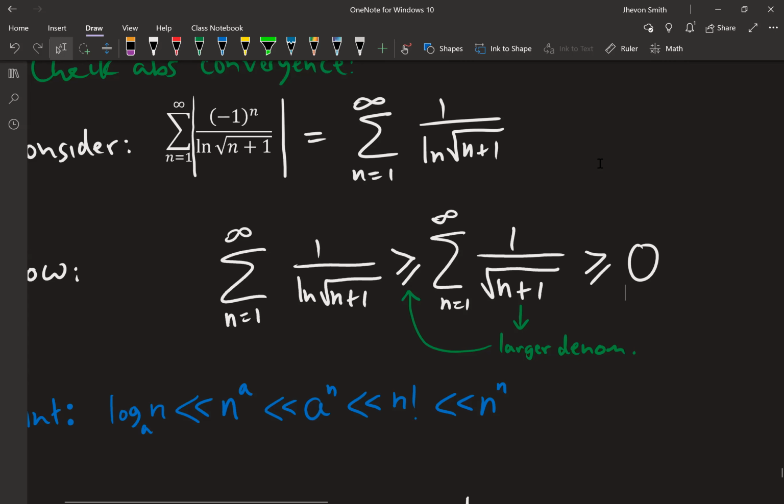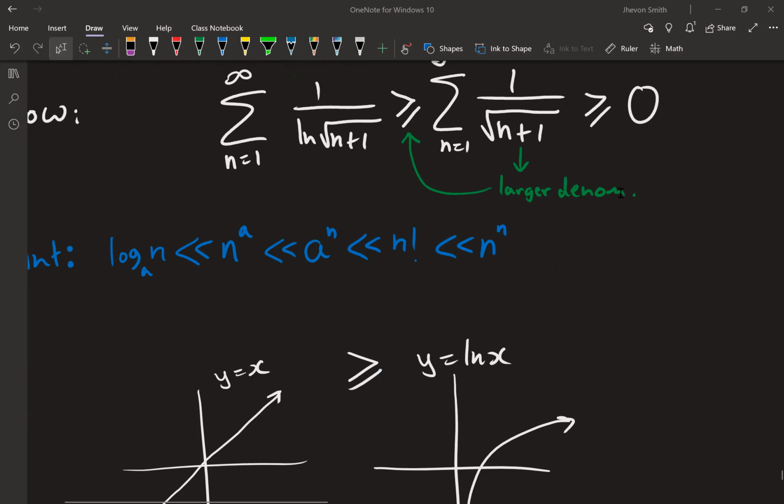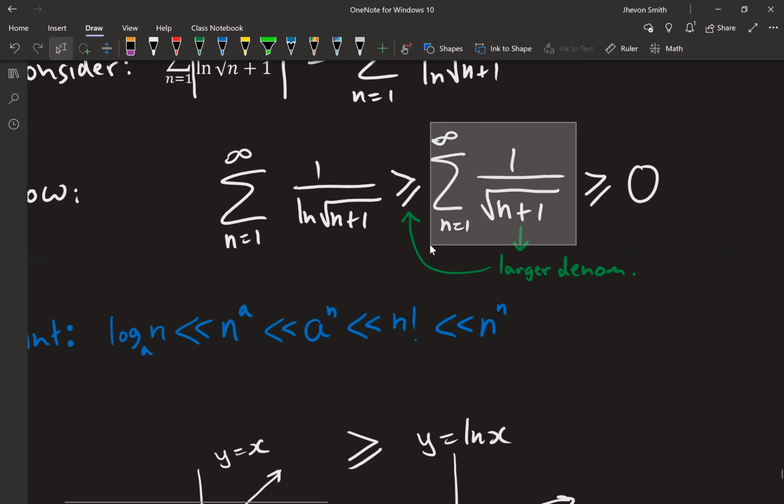However, now we have that. Now, what can you tell me about this? Tell me about this series right here. The series of 1 over radical n plus 1. Converge or diverge?